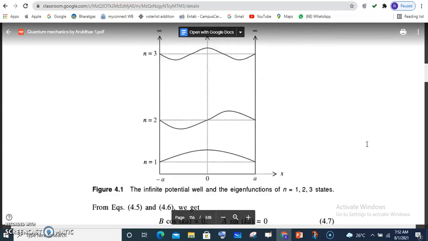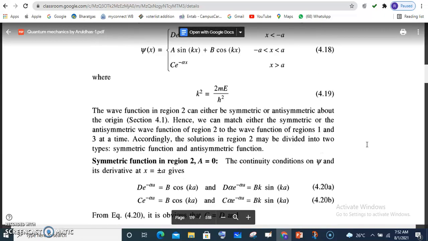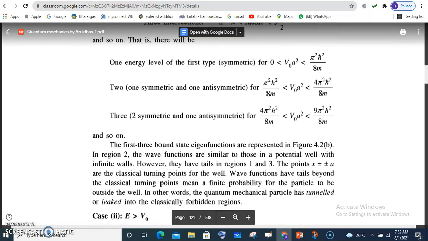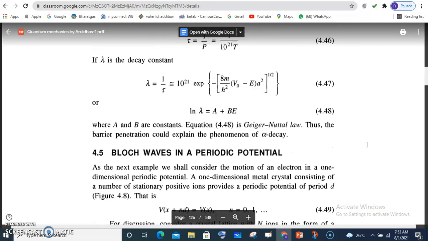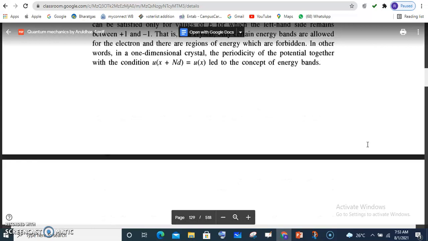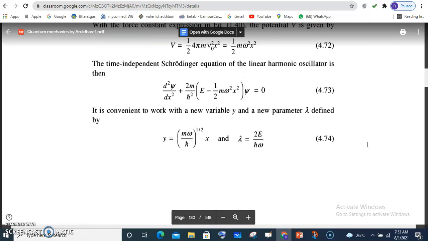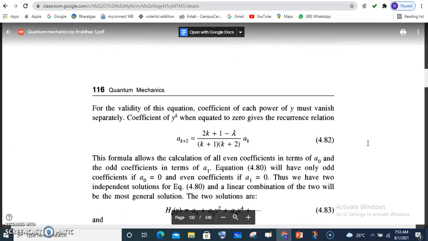When I say free particle, we have to think about the kinetic and potential energy of this free particle. Kinetic energy is significant in the case of a free particle, but what about the potential energy? When a particle is a free particle, it feels zero net force acting on it.